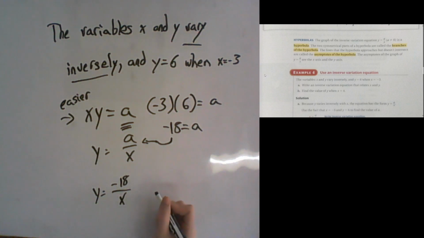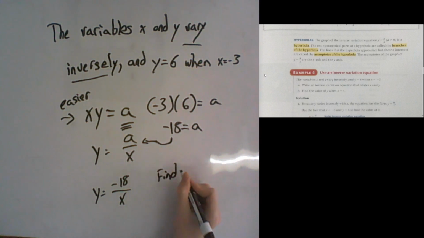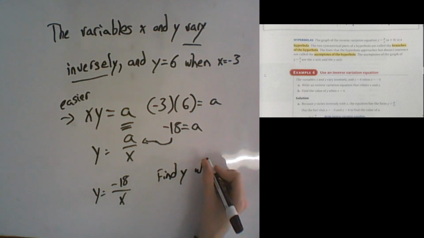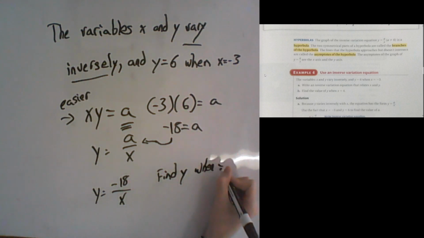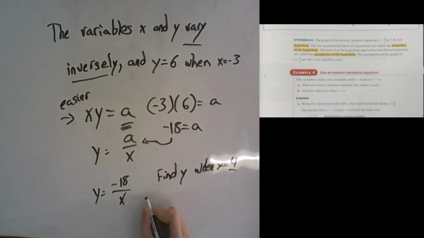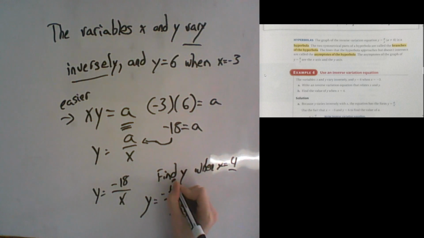Okay? And then they say, find y when x equals 4. Well, what do we do? We just plug this 4 in for x. So y equals -18 divided by 4. Simplify it down. This is a 2. This is a 9.